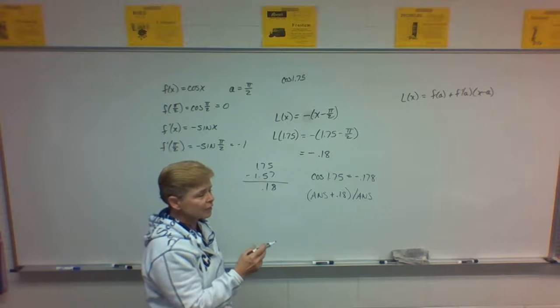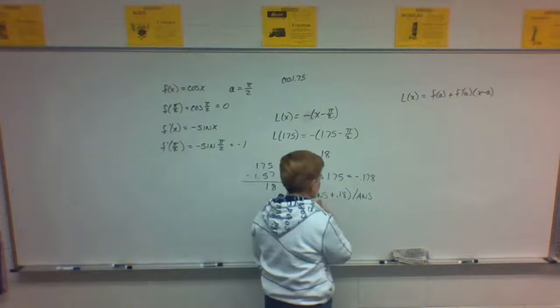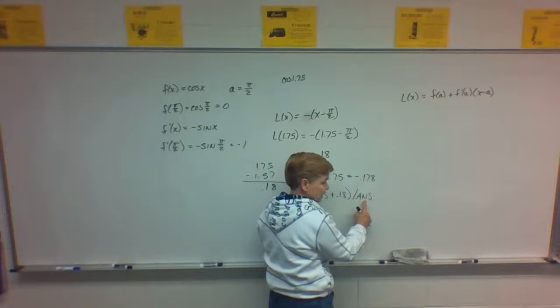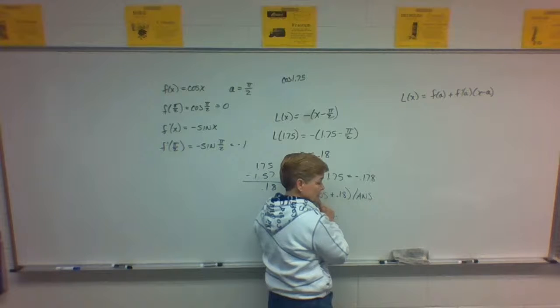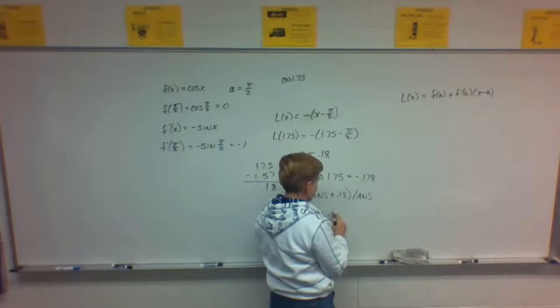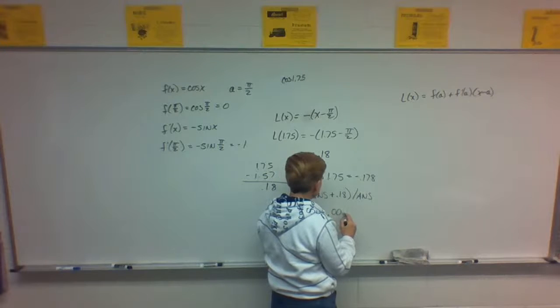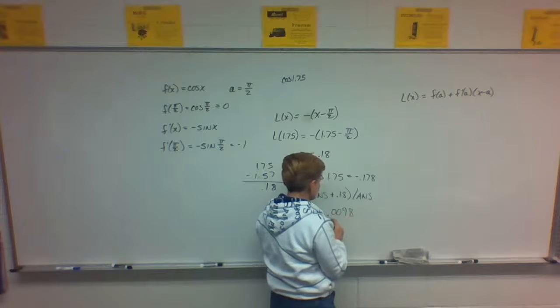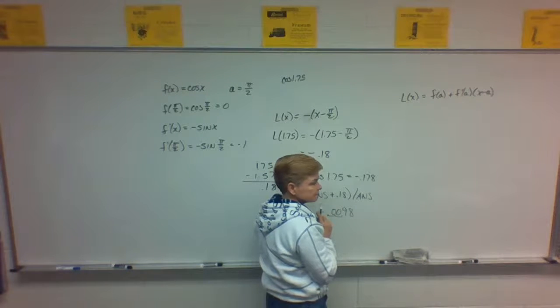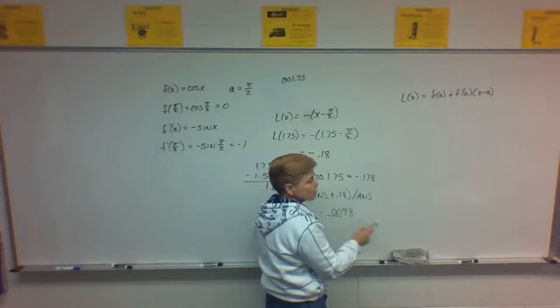We're going to take what it actually is according to the calculator, minus what we got, and divide it by what it should be. And what do you get? Negative 0.0098. Okay, so that one is a little less than 1% off. The negative doesn't matter. It doesn't matter which direction you're off.